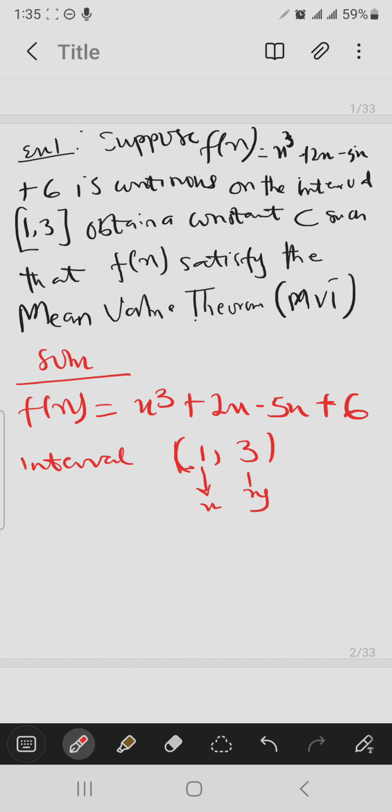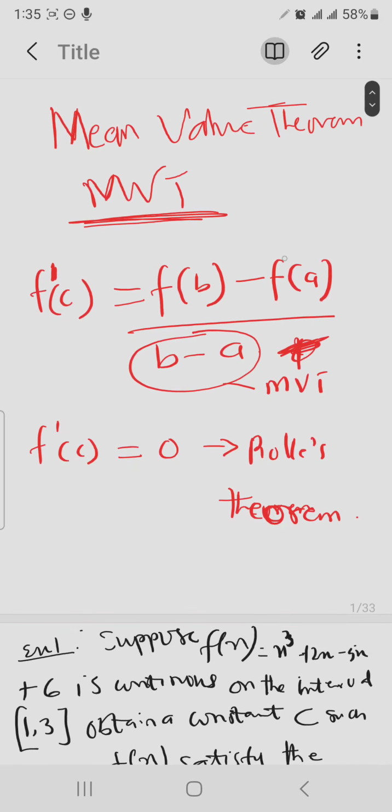But in this type of question we are talking about a and b, because from the formula we have f of b, f of a, and c.